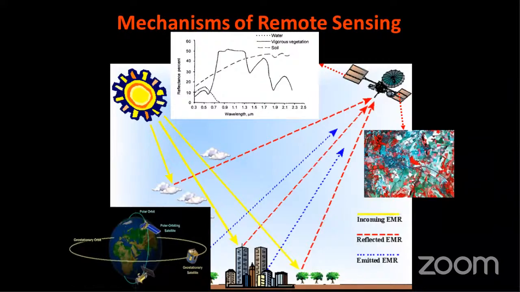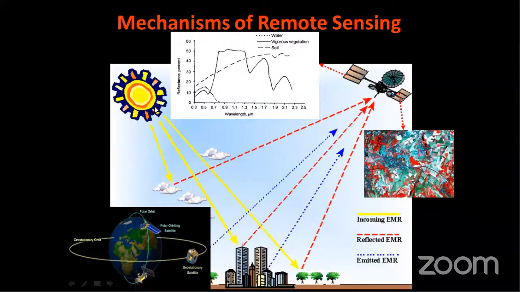Once we get such images, we bring them to remote sensing image processing software, and here we analyze these images to get meaningful information for the management of vegetation and other natural resources. Here you can see the yellow one is incoming radiation, then reflected radiation is the green one and red one, and emitted radiation is the blue one.